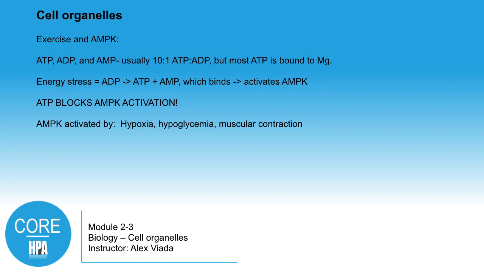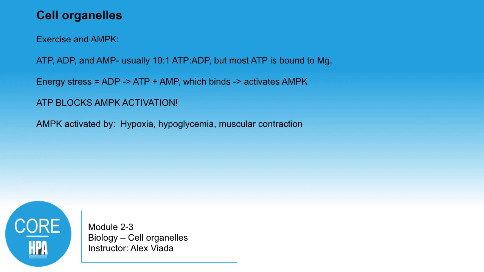So any exercising muscle that starts to go hypoxic and is still undergoing heavy contraction is going to start activating AMP kinase. AMP kinase is then going to trigger this downstream process that's going to be responsible for the synthesis of more mitochondria, which makes sense. Again, endurance exercise, more mitochondria, because the body is saying, oh, there's not enough energy to support all these cellular processes the way the body is currently at.